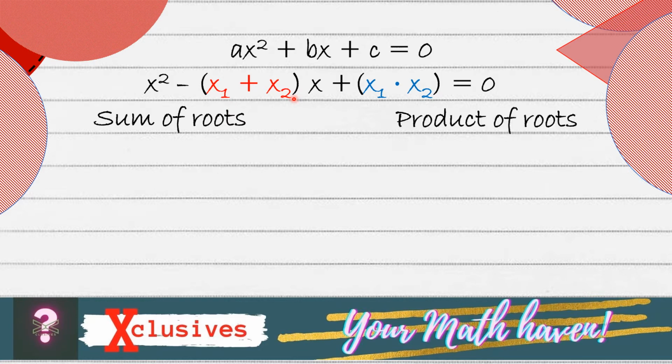And for our product of roots, that is x sub 1 times x sub 2. But if we are given the standard form of a quadratic equation, we can say that the sum of the roots is equal to the negative value of b over a. And our product of roots is c over a.